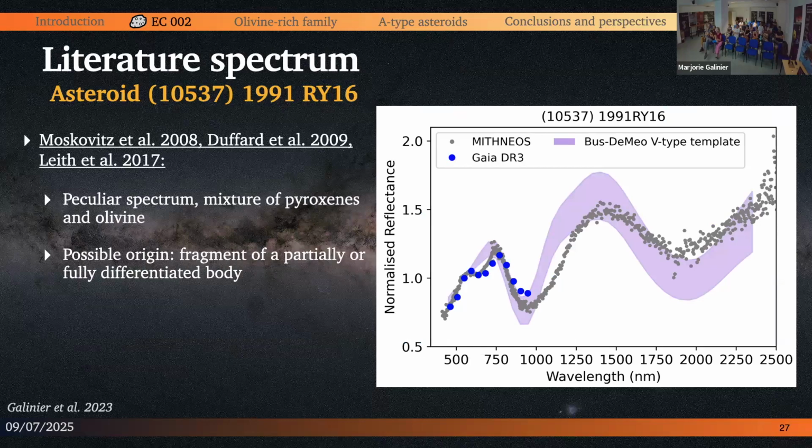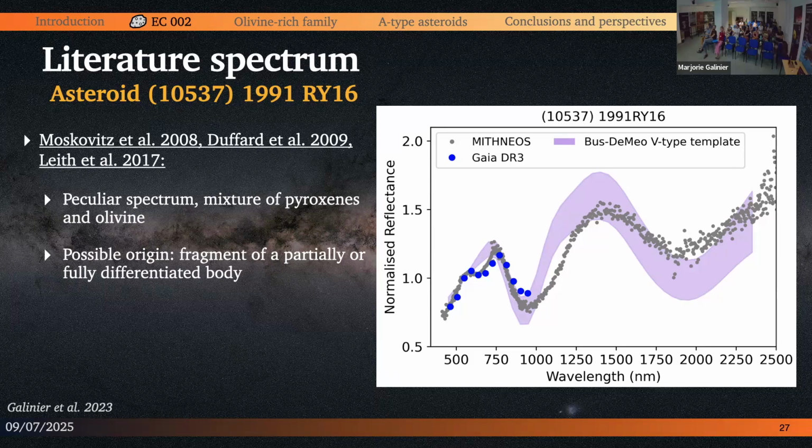This asteroid is 10537, and it has been found by several authors to not completely match a V-type spectrum, although it has two absorption bands around 1 and 2 microns. Here we can see it has a band around 650 nanometers, and its first band is a bit shifted compared to the V-type spectrum.